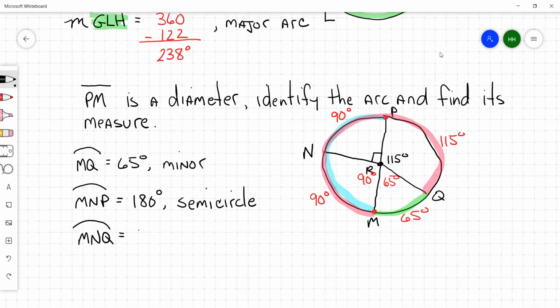So 295 degrees. And that's a major arc. Everybody okay with that? Good. Very good.